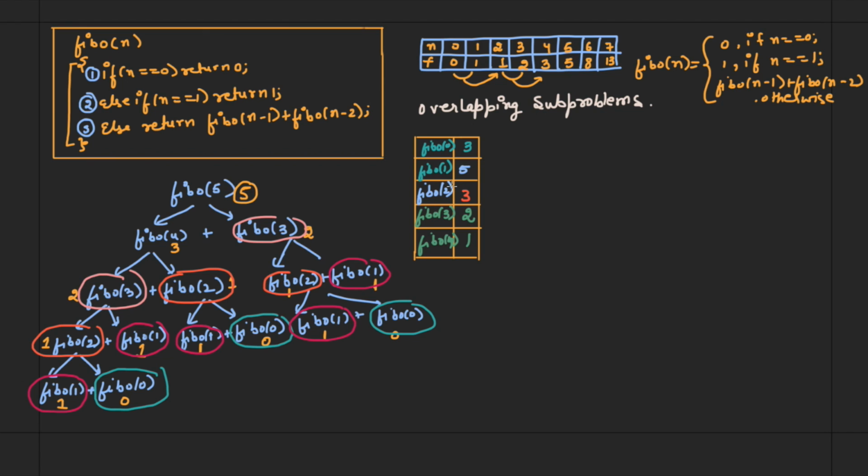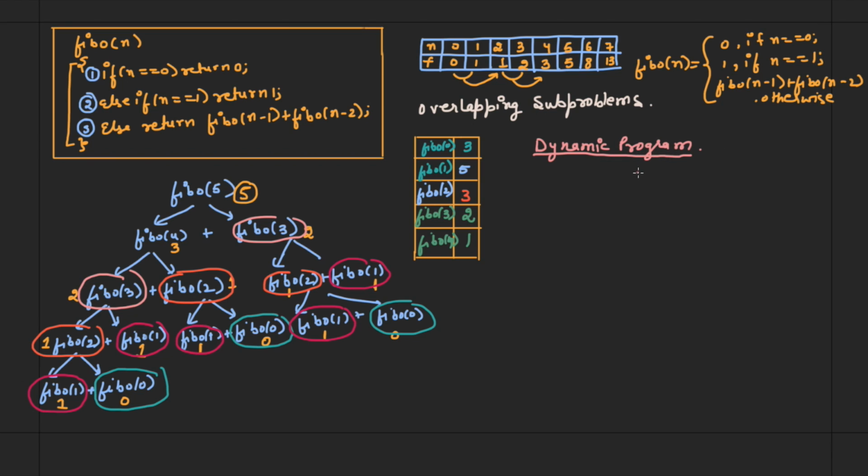In the same way, Fibonacci of 1 we called 5 times in these recursive calls, and every time we are calling it again and trying to find the values. All these recursive calls are stored in the stack, and every time we have to perform the computation. So in the case of dynamic programming principles, we say: why are you calculating them again and again?